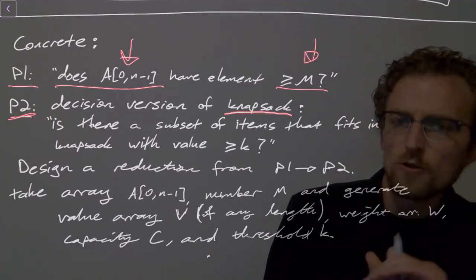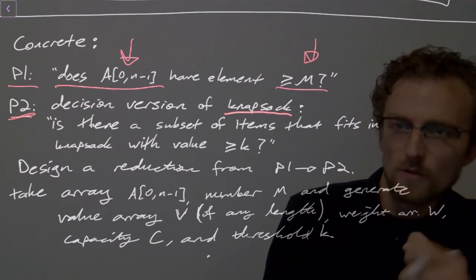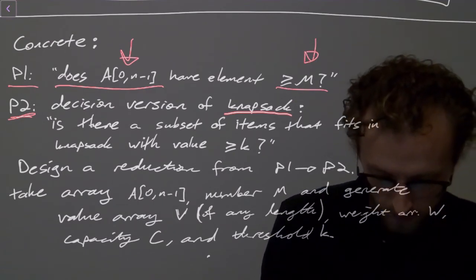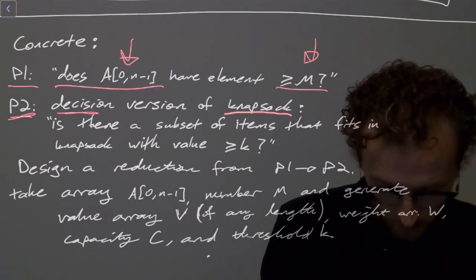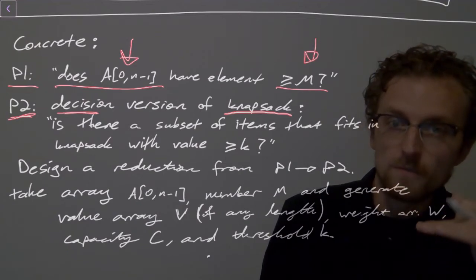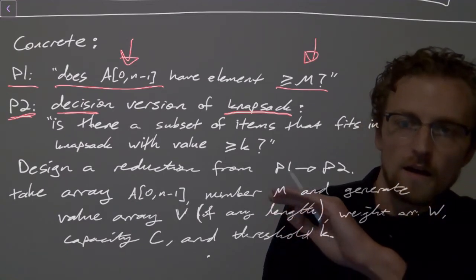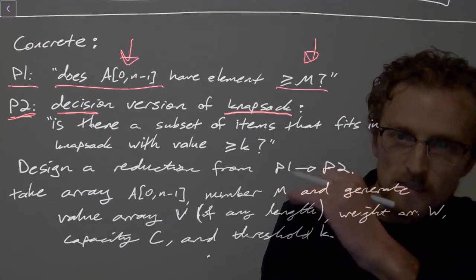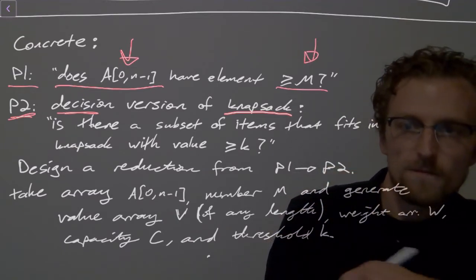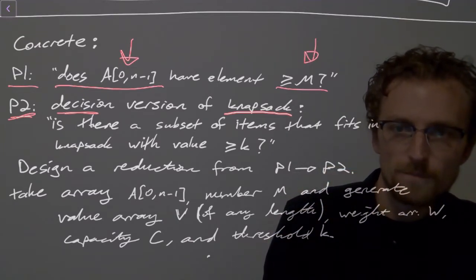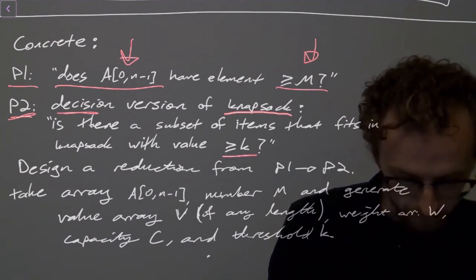The decision version is subtly different. It says, given items and given weights, is there a subset of those items that fits in the knapsack with a value at least k?